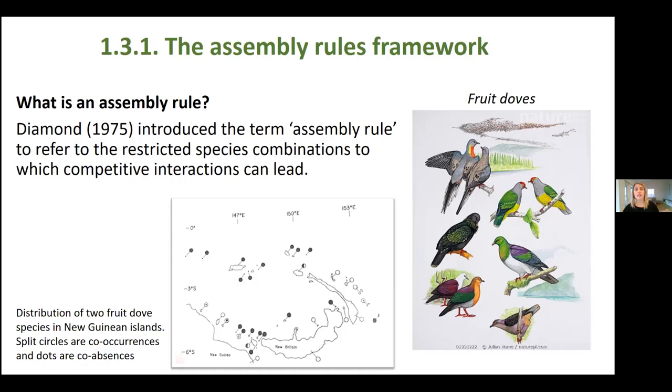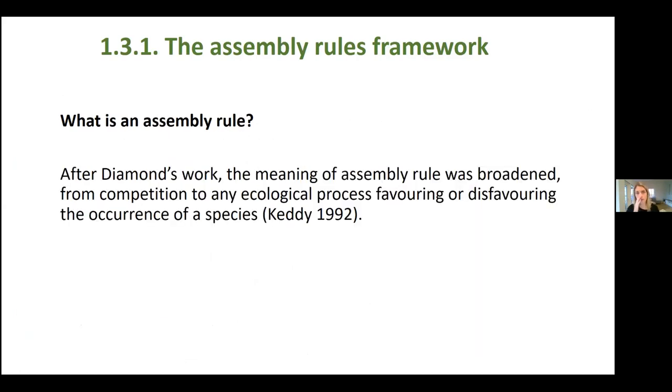And in his view, this was because of competition. So in principle, the term assembly rule was used to refer to competitive interactions only.